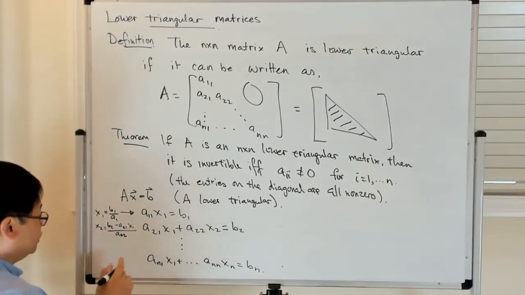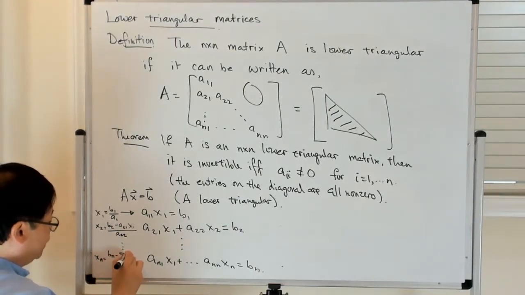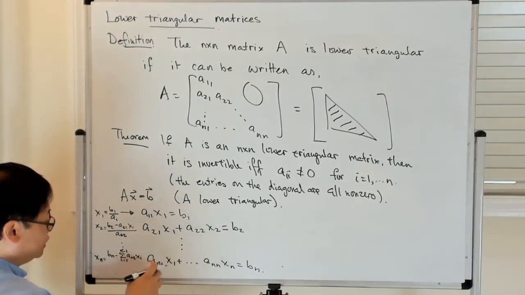And you can keep doing that, right? So xn is going to be bn minus the sum of a_ni xi, i goes from 1 to n minus 1, all the entries up to the n minus 1 term, divided by ann.